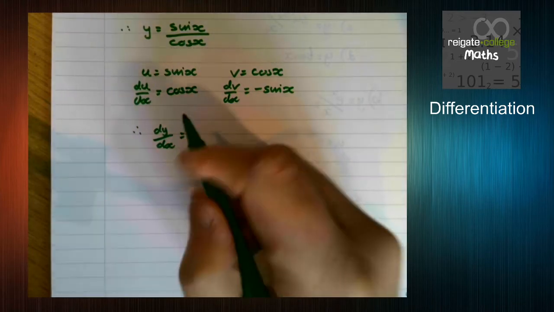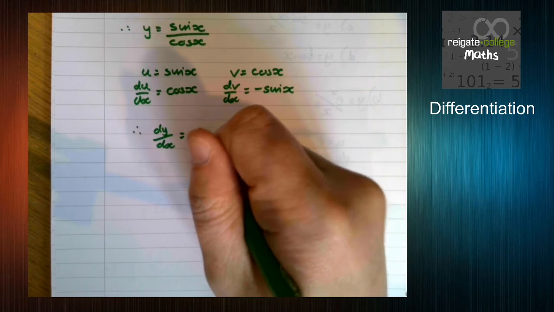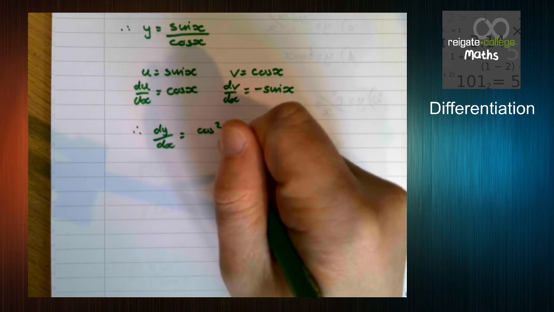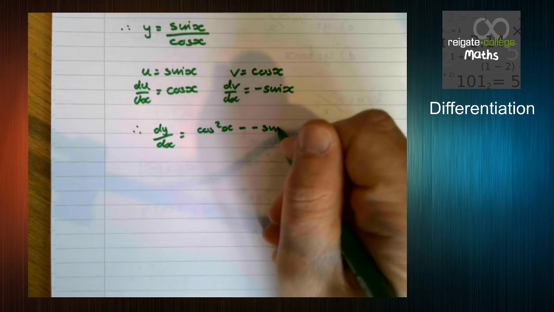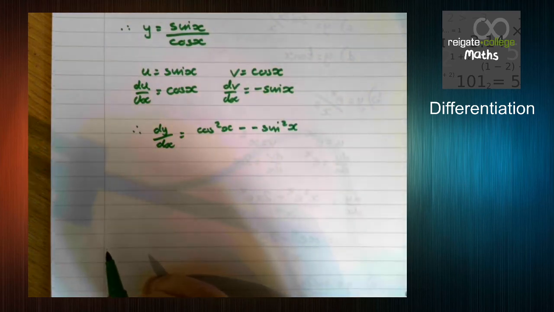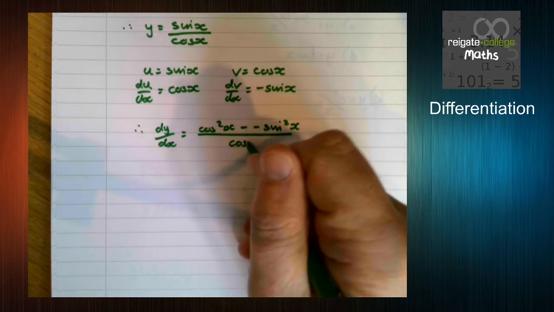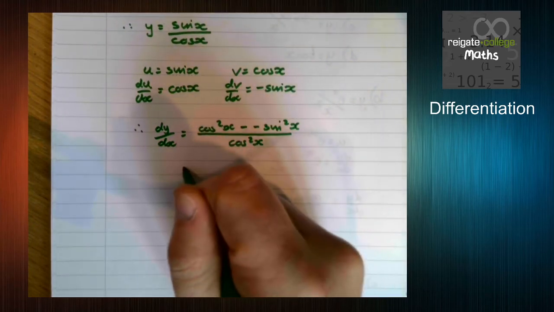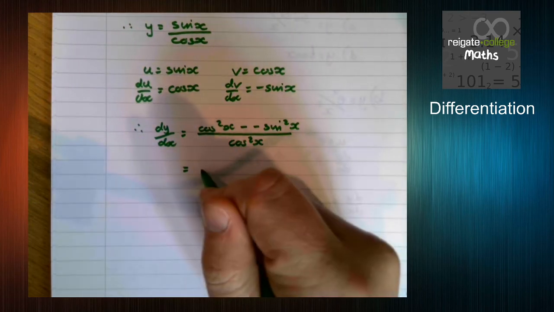So dy by dx is going to be v du, which is cos squared, minus u dv, minus sine squared, over v squared. Now, minus minus, famously, is a plus.